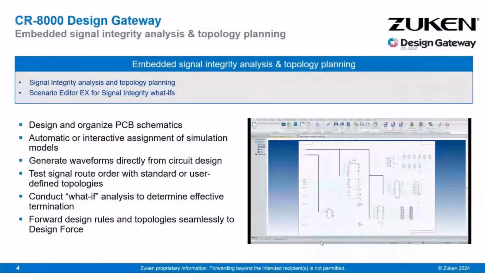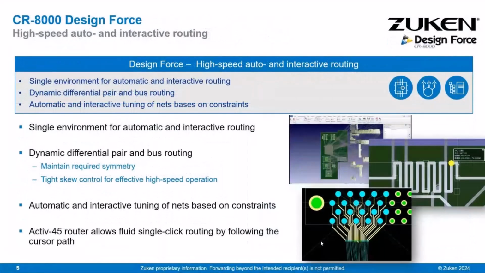Now let's look at the routing tool in design force. First, this tool provides a single environment for both automatic and interactive routing, allowing designers to work efficiently. A standout feature is its dynamic routing for differential pairs and buses. This helps maintain the required symmetry, which is crucial for high-speed performance.